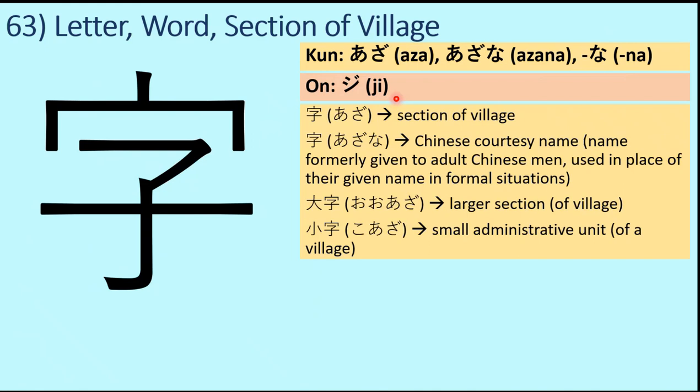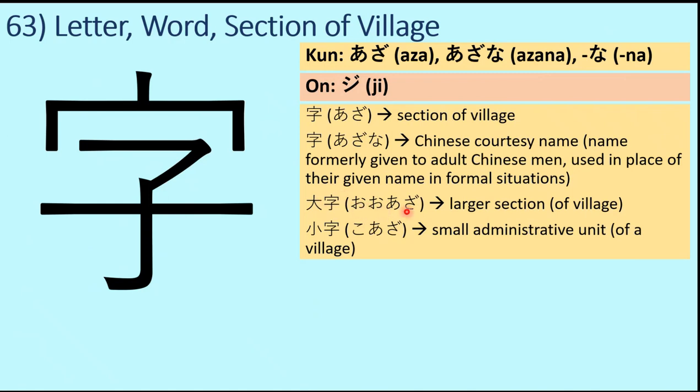Aza, section of village. Azana, Chinese courtesy name, name formerly given to adult Chinese men and used in place of their given name in formal situations. So this is out of respect basically. Then we have Owaza. As we know that O represents big. So that's why this big kanji is there and this is the kanji for section of village.